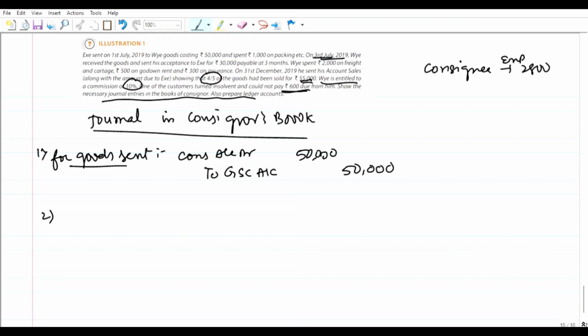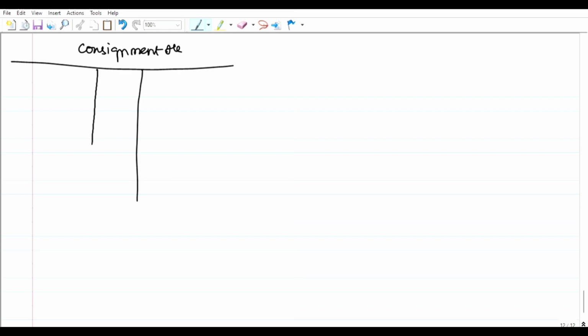At the time of writing the journal entries, we shall prepare the ledger accounts also. So the accounts which will be prepared by the consignor are the consignment account and the consignee account. One second.